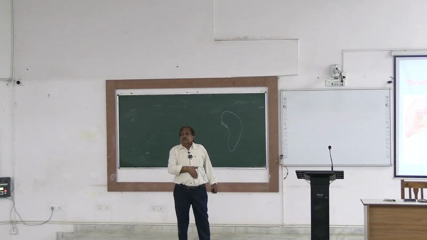And you ask to inspire and expire. You can feel. And when you go for liver palpation, you have to go like this. You can see the liver coming down, it's enlarged.